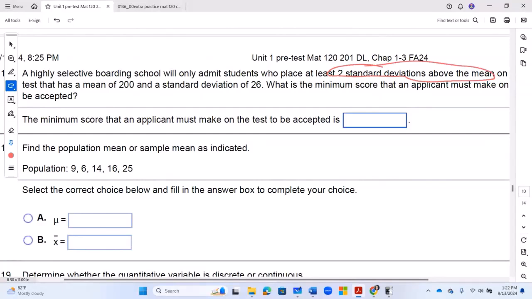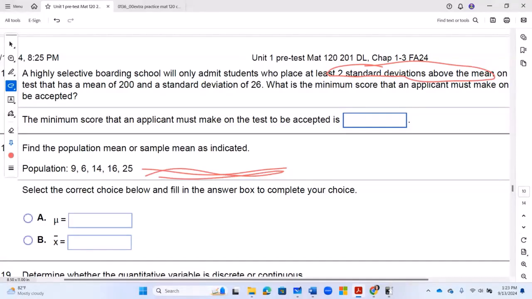All right. On the test that has a mean of 200 and a standard deviation of 26. What is the minimum score that an applicant must make to be accepted? So this question is a must-have in a test.